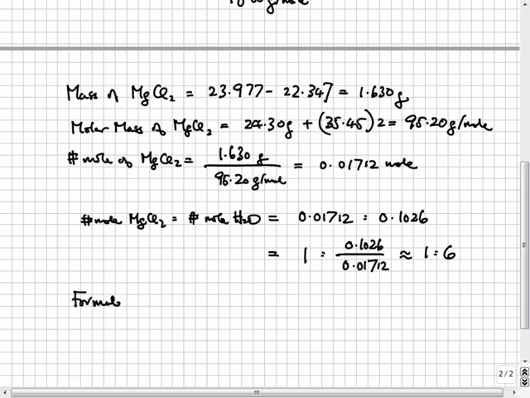Therefore, the formula of hydrated MgCl2 should have n equals 6 water molecules in it.